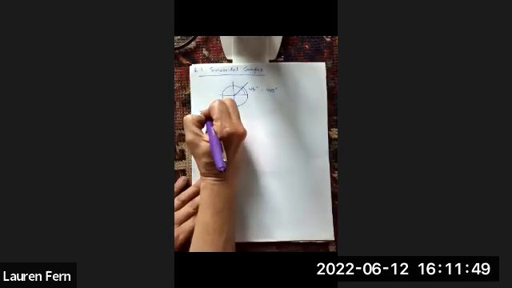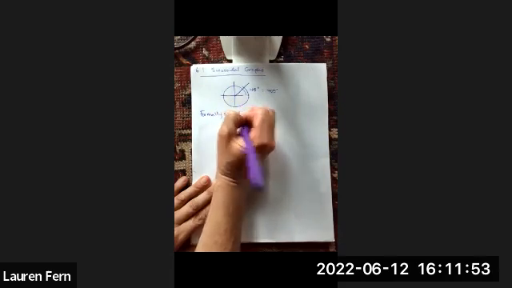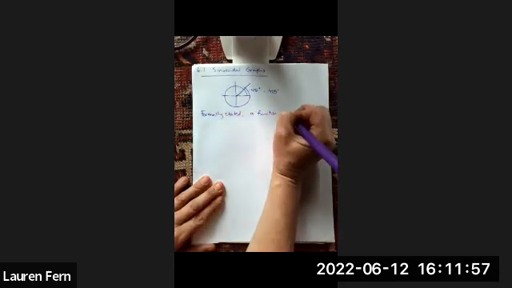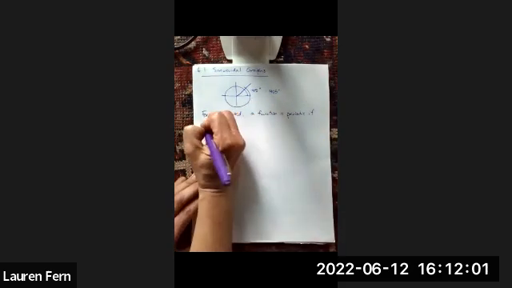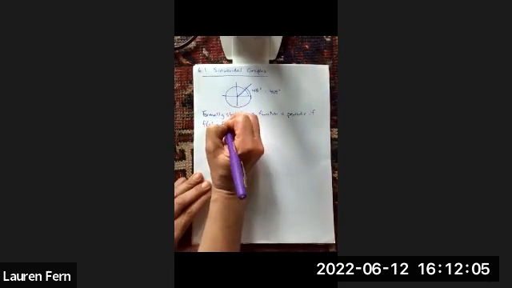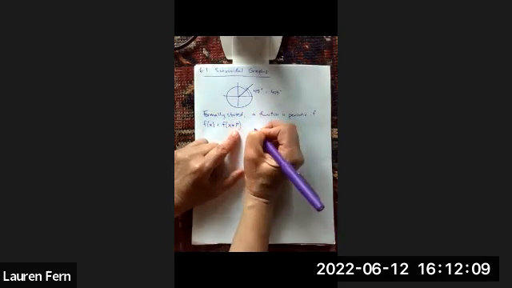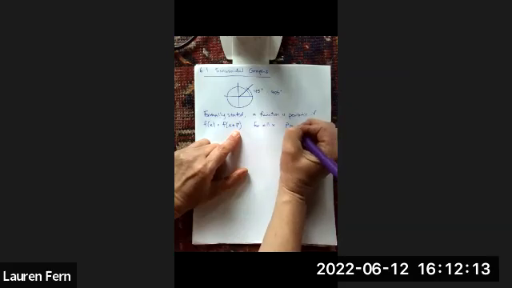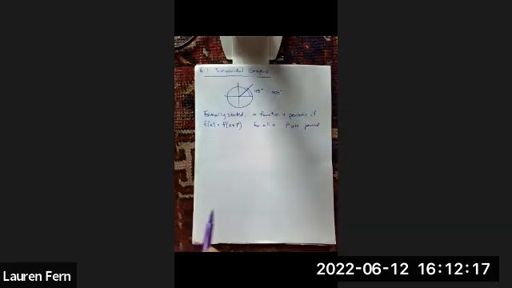So what I want to say is that, formally stated, a function is periodic if the function value at some x is equal to the function value of x plus p for all x, and p, which is greater than 0, is the period of the function.